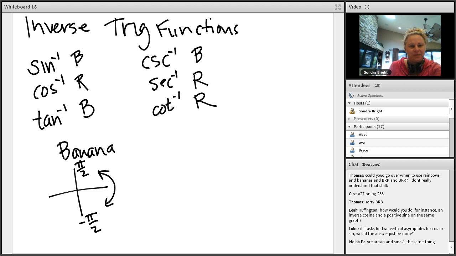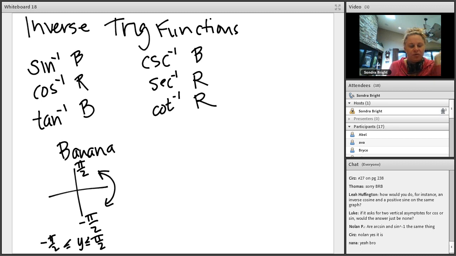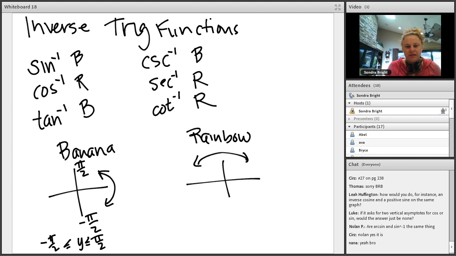So if you were to write, let's go, so it's your range, right? Your y value is between pi over 2 and negative pi over 2 if you have a banana, and then a rainbow is the restriction from, see how it kind of looks like a rainbow, from 0 to pi.